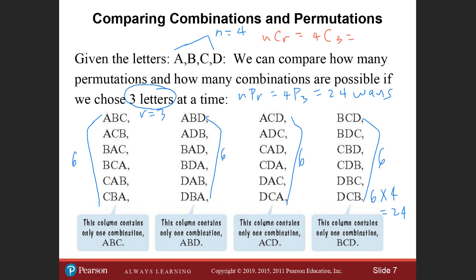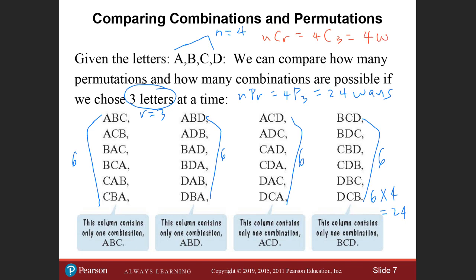And then press the math button and move your right arrow key to PRB and choose 3. That's the combination function. And hit enter and press 3 and hit enter again. So you will get 4.